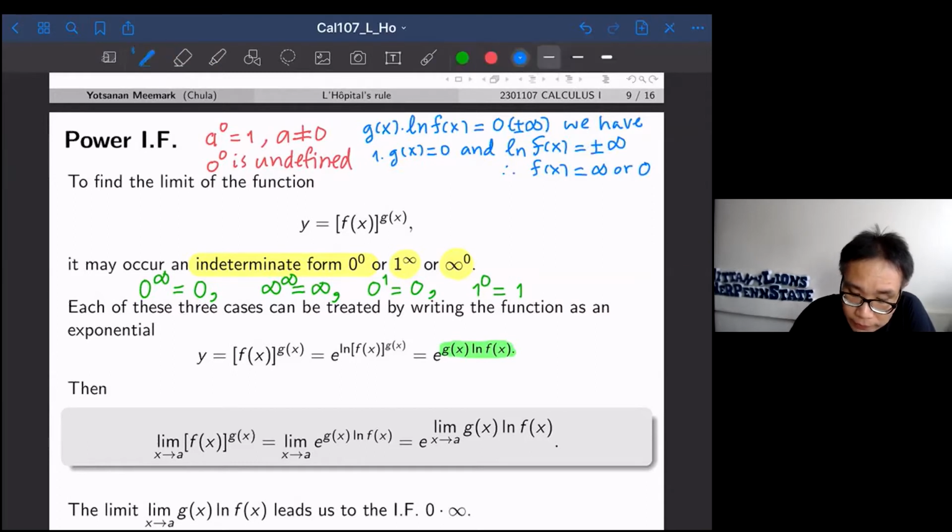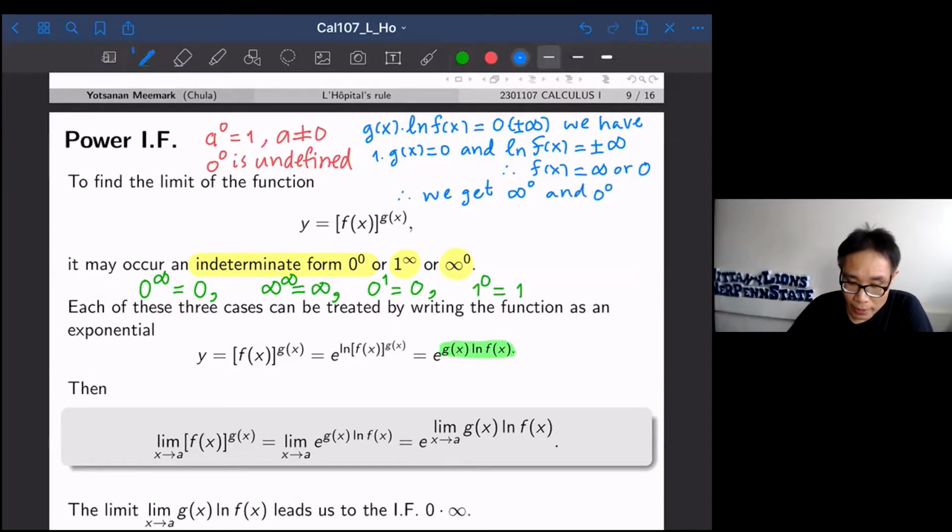Let me conclude also. So we get f(x) is infinity, so we get infinity to the 0, and we get 0 to the 0.